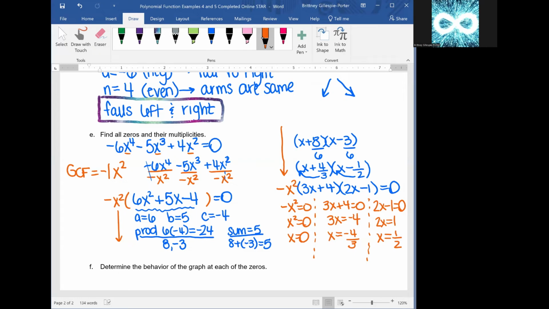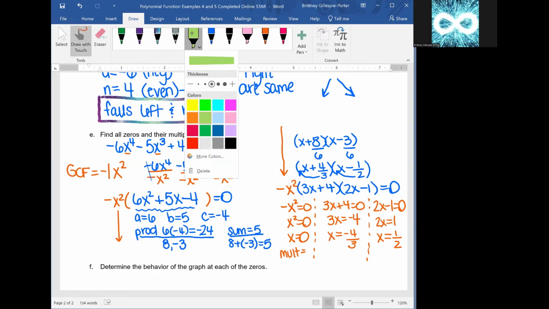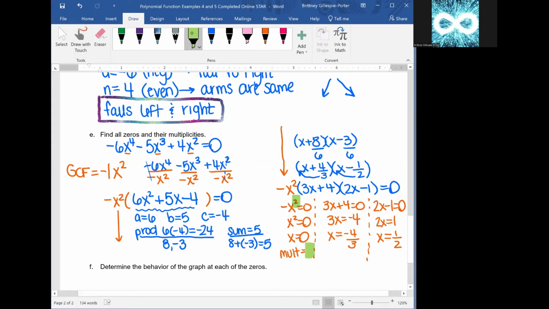We found 3 distinct x-intercepts, but notice that our degree was 4. We still need to go and find the multiplicities, and when we find all these multiplicities, it better equal our degree. All right, so x equal to 0, that x equal to 0 came from negative x squared equal to 0, which means that our multiplicity is going to be 2 as the x squared.